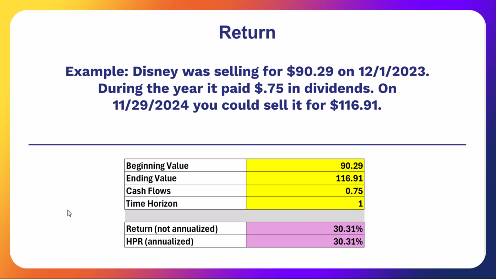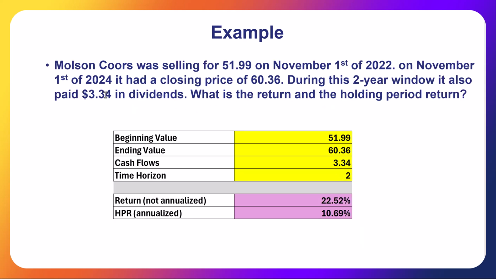Let's look at another example, though. Molson Coors was selling for $51.99 on November 1st of 2022. On November 1st of 2024, it had a closing price of $60.36. During this 2-year window, it also paid $3.34 in dividends.